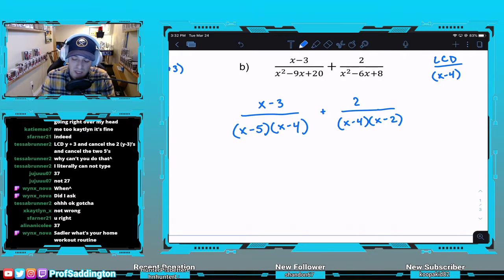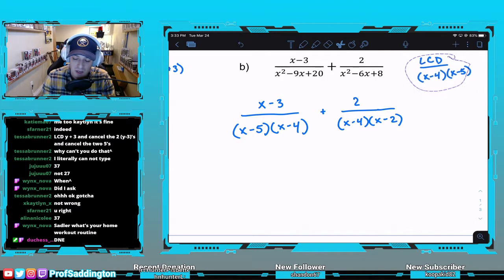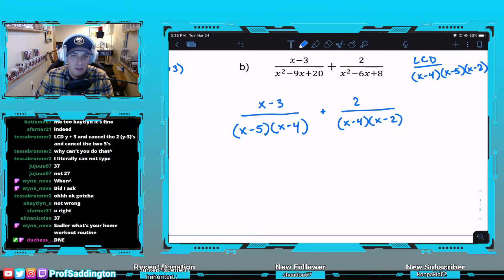Well, we also need an x minus 5 because that's in the first one. And we also need an x minus 2 because that's in the second one. So my denominator has to have all three of those in order to be common.